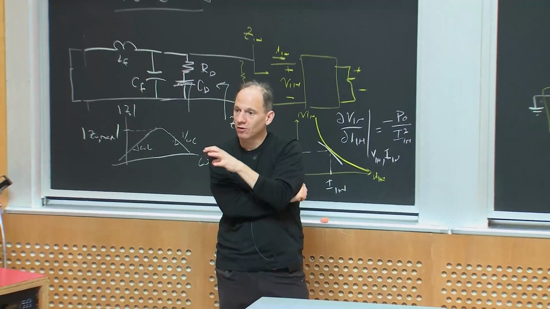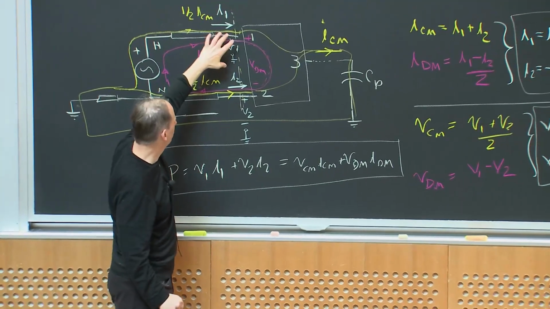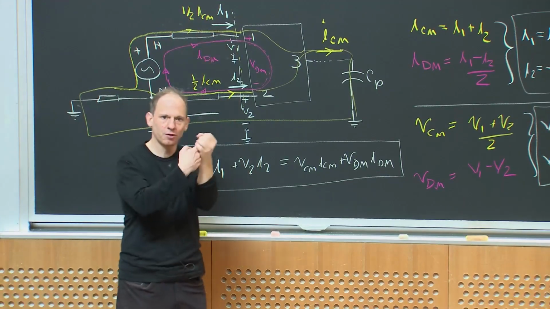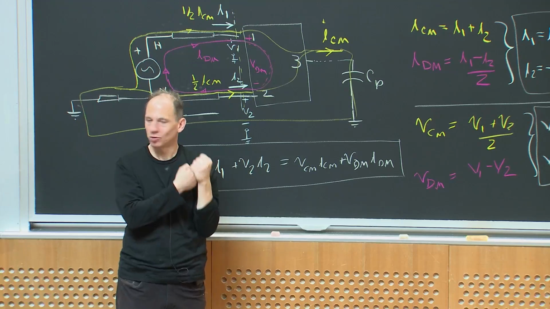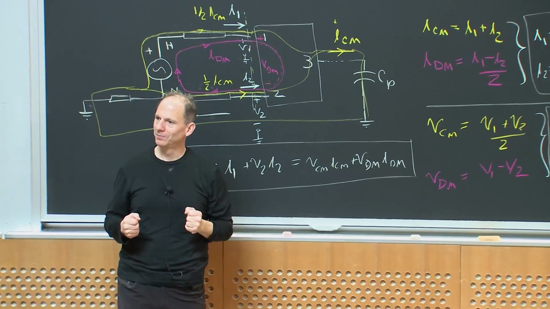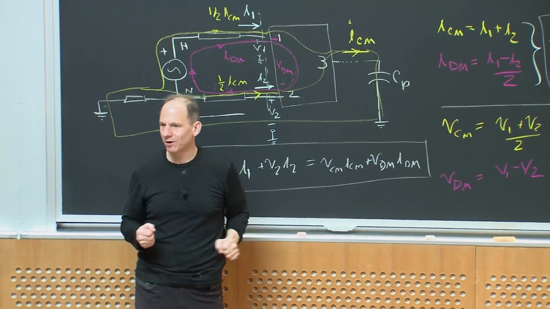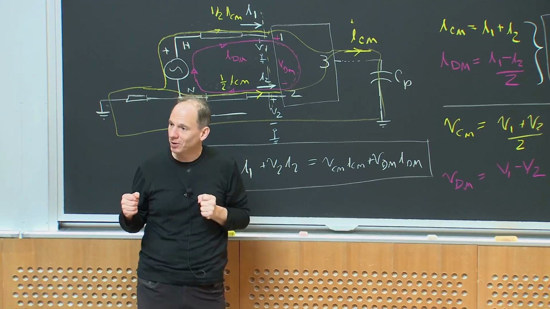I could get a current probe and grab both this lead and this lead together through the current probe, right? So only the sum of the currents is what I measured, which is precisely the common mode current. So I could grab a current probe and say, oh, do I have common mode current? Oh, I do. I better think about fixing the common mode.